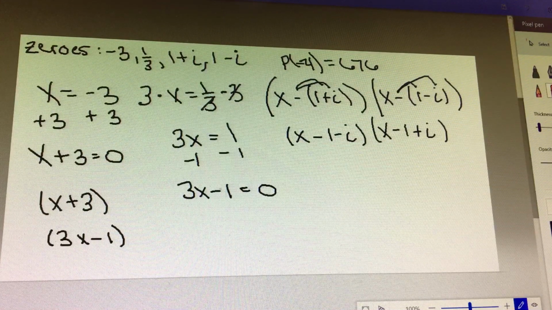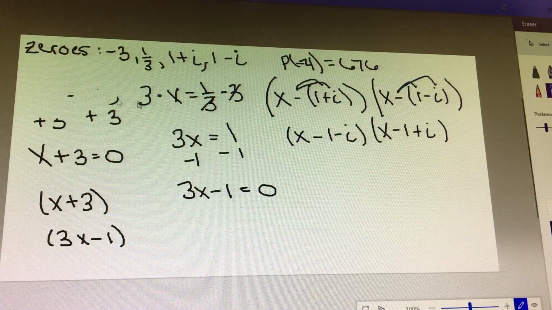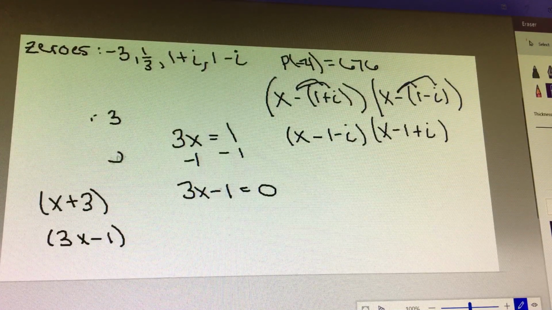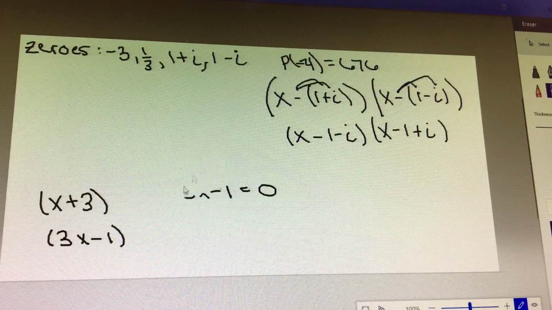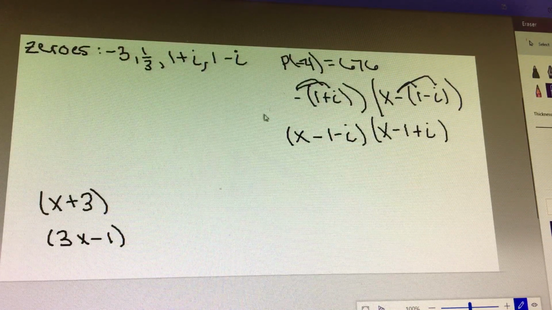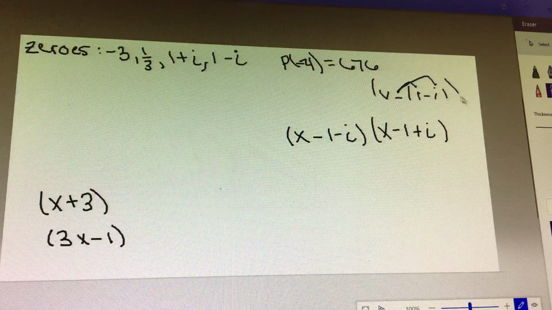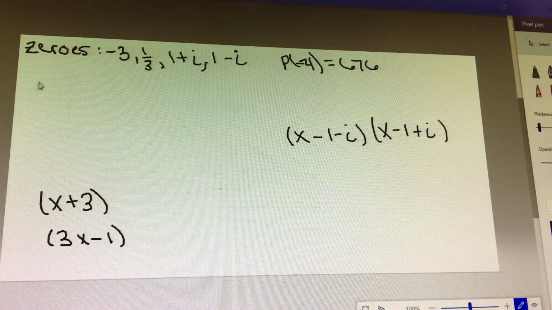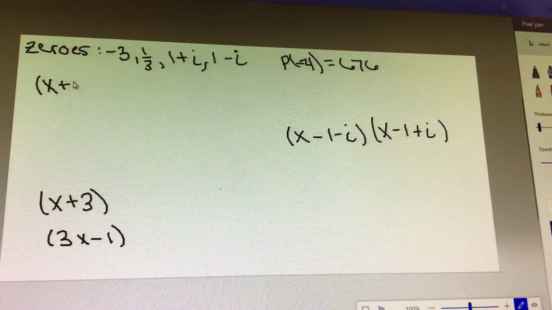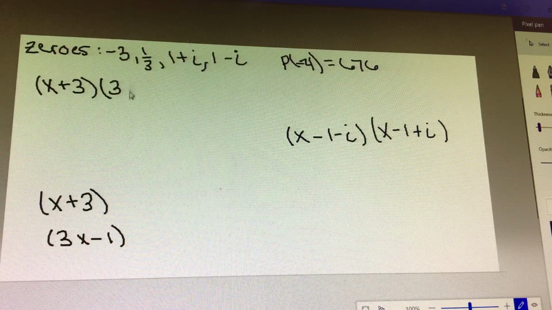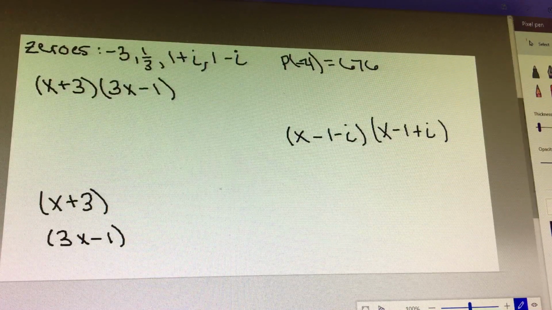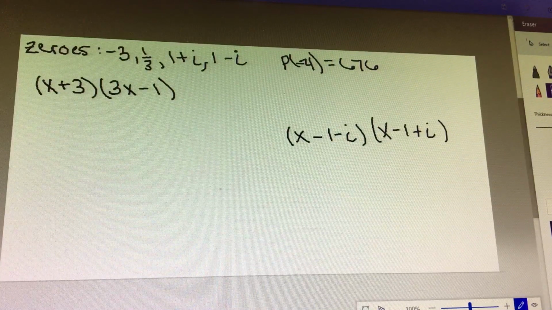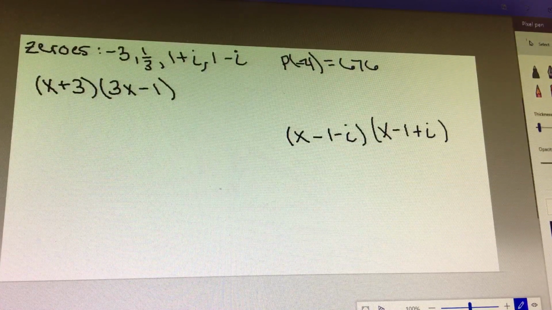I'm going to erase a little bit, get some room, and then we're going to multiply these out. The first thing we're going to multiply out is x plus 3 and 3x minus 1. We're going to FOIL these.